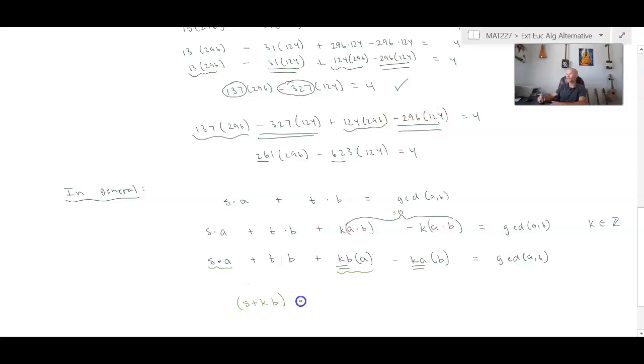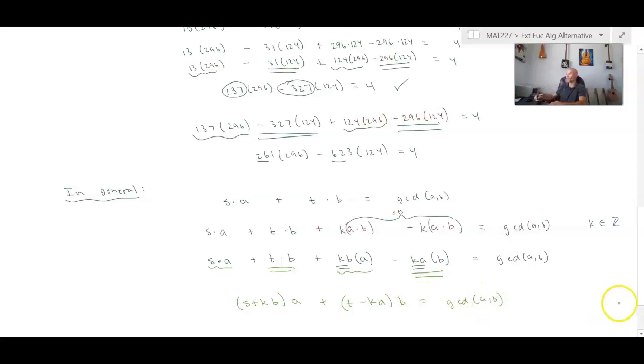So we have S plus KB copies of A. And then here we have T copies of B. Here we have negative KA copies of B. So combining like terms, we have T minus KA copies of B. And that will still ensure that we get the GCD between A and B.